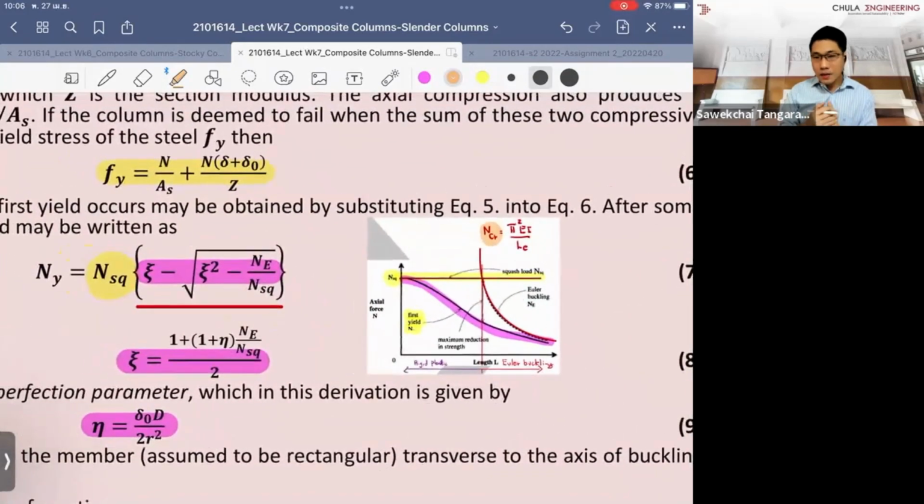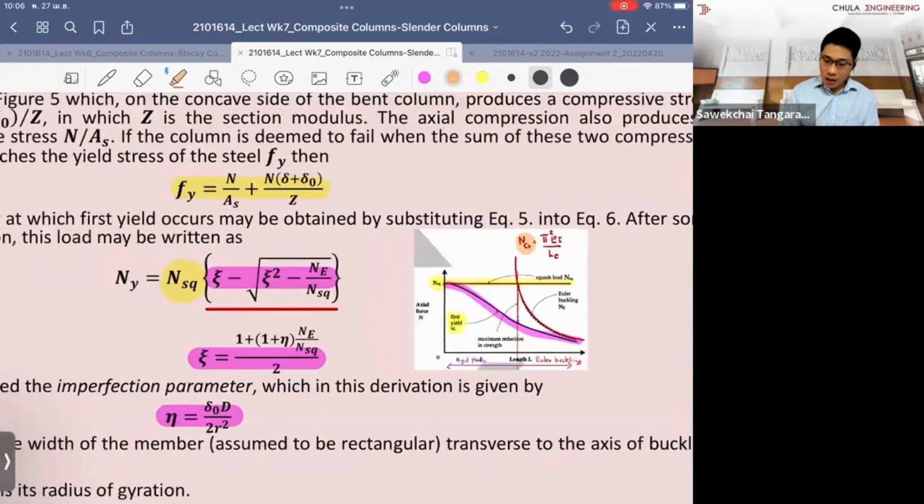We're saying that if we talk about the elastic analysis, it means we're assuming that all the stresses that develop in the composite section do not go above the yield stress, they just hit the yield stress.